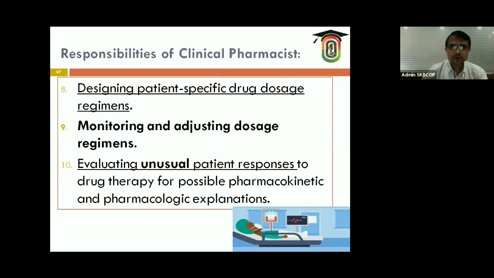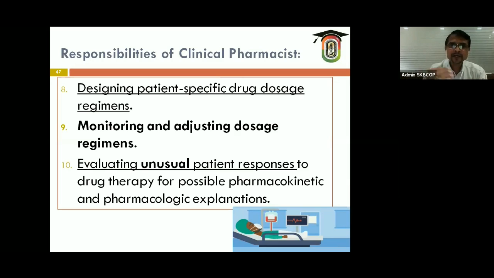ठीक है, so pharmacist should try to know what is the possible pharmacokinetic and pharmacologic explanation behind the unusual patient response. So that might be some fear. पेशेंट के साथ बात करके पता चलेगा कि जो unusual response पेशेंट को आ रहा है, whether it is because of the fear with the patient or because of any drug or food interaction that the patient has taken.